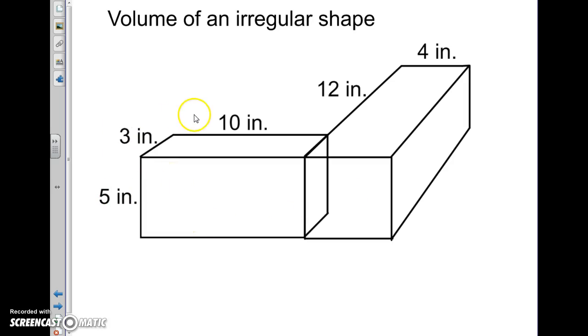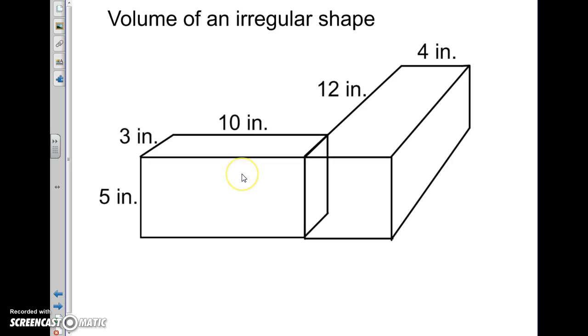As we look at each of the sides here, each of the edges, we can see that some of them tell us exactly what the measurements are, and some we don't see, but we can figure those out. If you'll remember, what is the formula for finding the volume for a rectangular prism? Okay, so that's great for when we're solving a rectangular prism, but as you can see, this is an L-shaped three-dimensional figure.